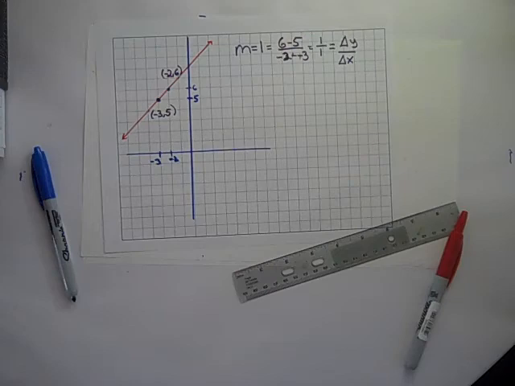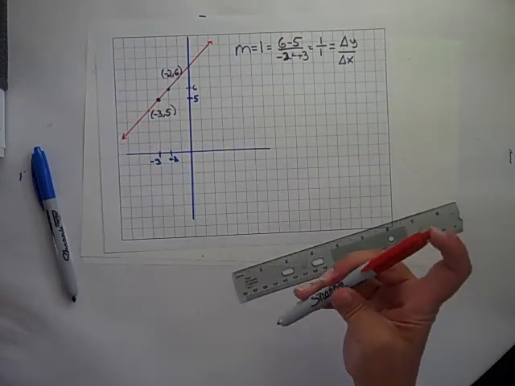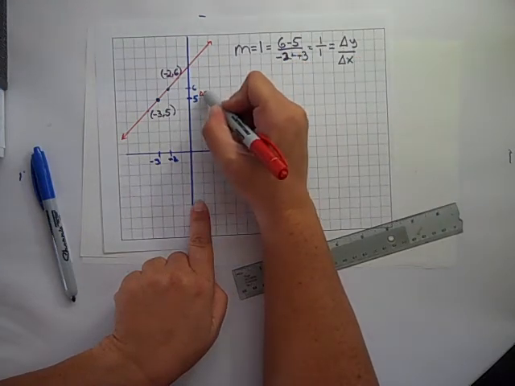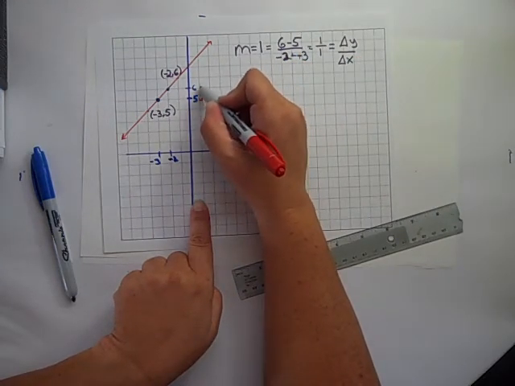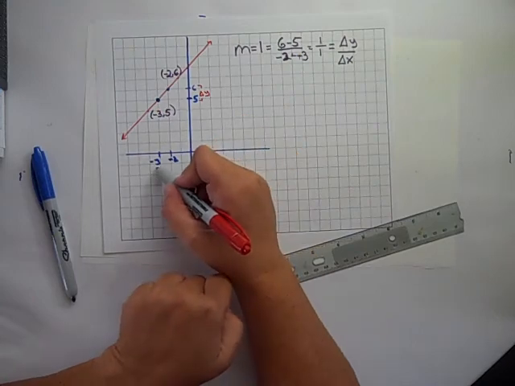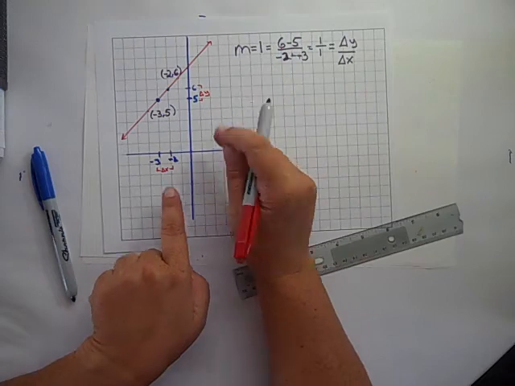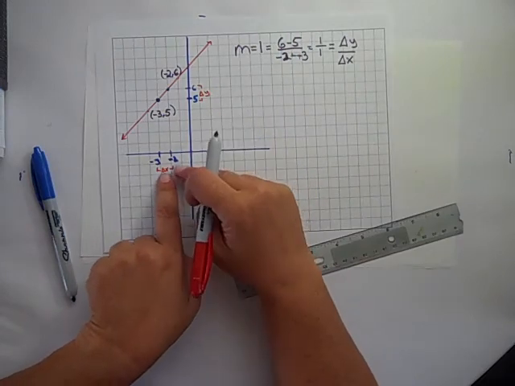And the next step is to label that change in y and label the change in x. So here's where y changes. And here's where x changes.